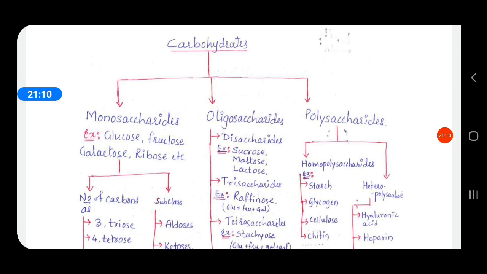Usually the monosaccharides and some of the oligosaccharides come in the sugars part. All the polysaccharides are non-sugars. For example, starch. You may take any flour, jowar flour, wheat flour.